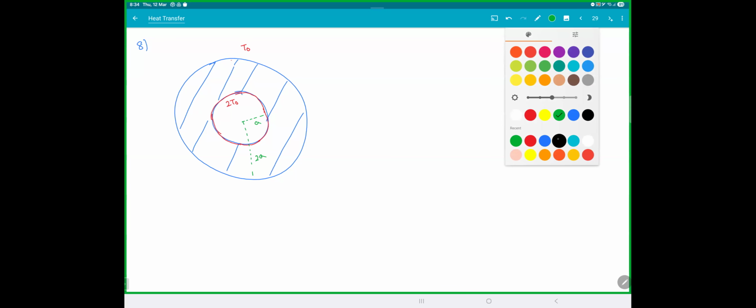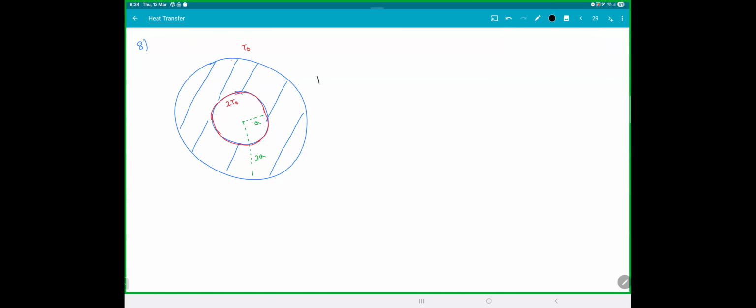And we have thermal conductivity K equal to K naught X, where X lies between A to 2A. Meaning your thermal conductivity is also not constant. It is changing with X. As you go out, it is increasing. So this is a solid sphere with a cavity. Inner surface and the outer surface are at temperatures 2 T naught and T naught.